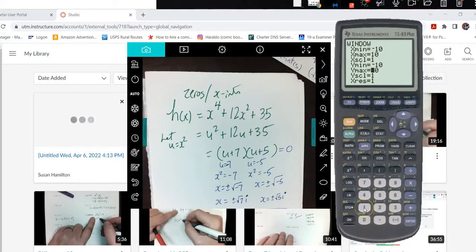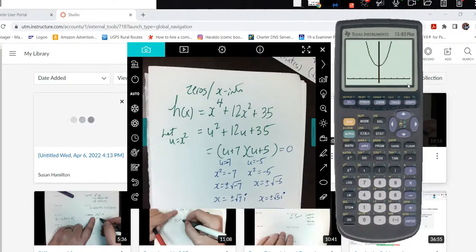I might take that up to 100. Okay, this has no x-intercepts, just like we predicted.